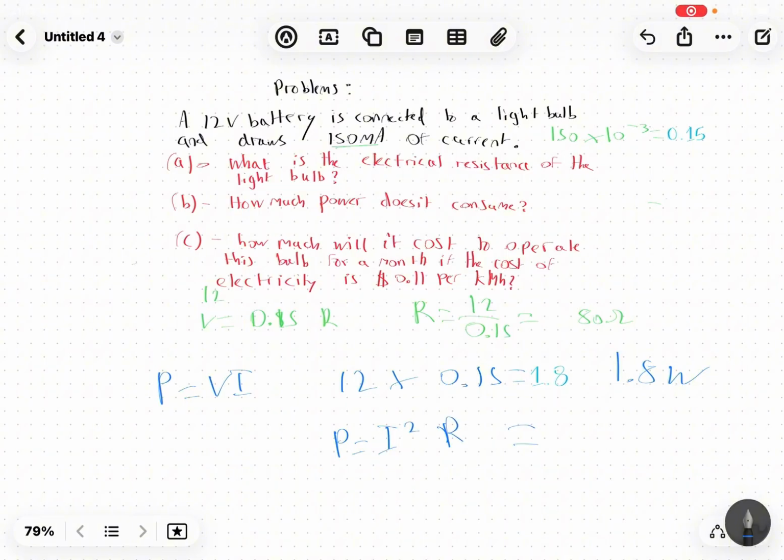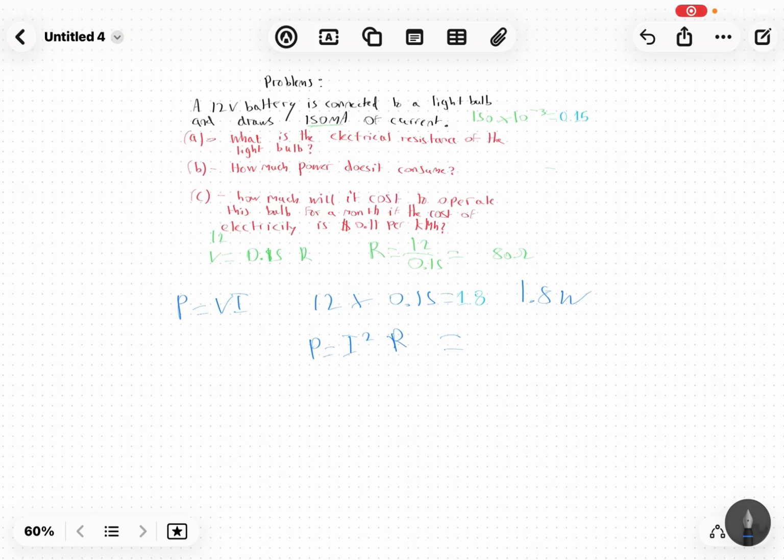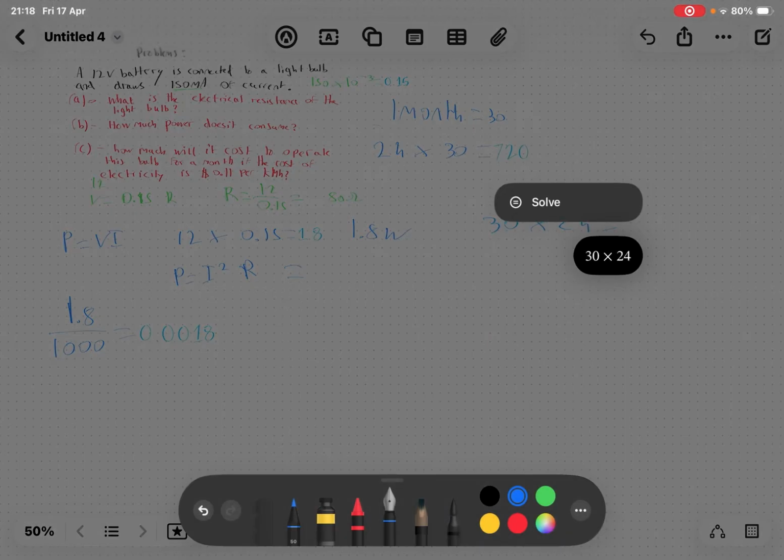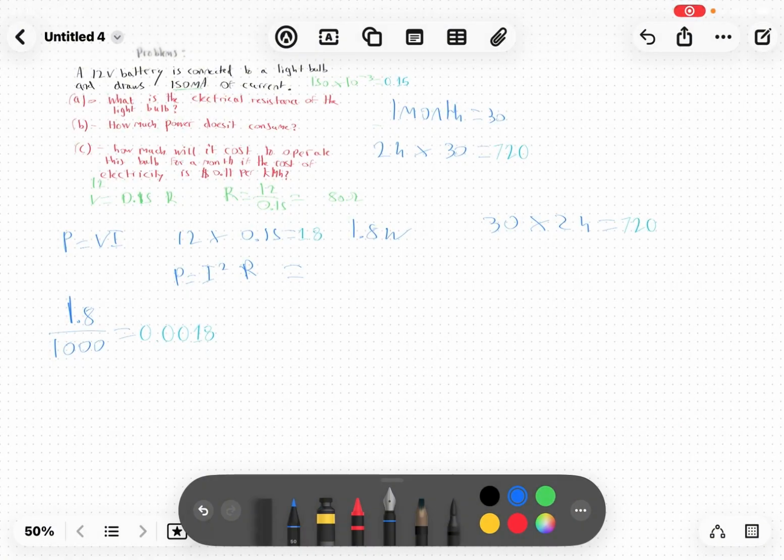Now part C, how much will it cost to operate this bulb for a month if the cost of electricity is 11 pence per kilowatt-hour? So we know the power is 1.8 watts. First we have to convert watts into kilowatts, which we do by dividing by 1,000. And then we find out how many hours: 30 times 24, because there are 30 days in a month and 24 hours in a day.